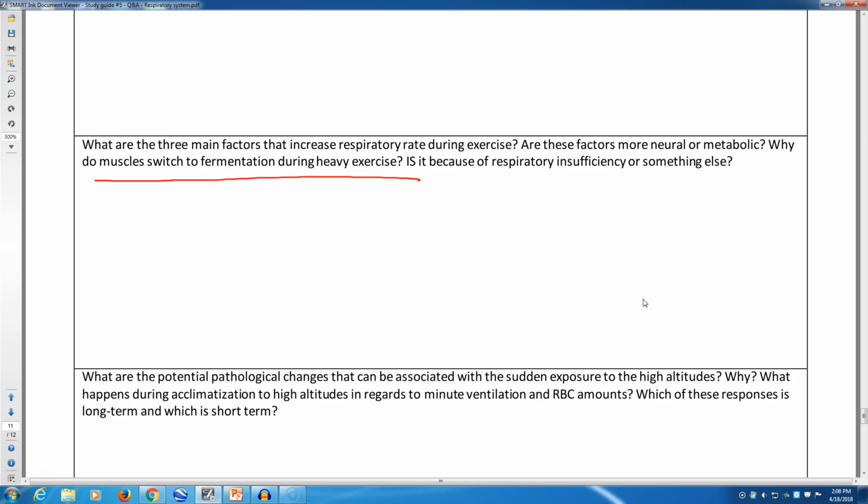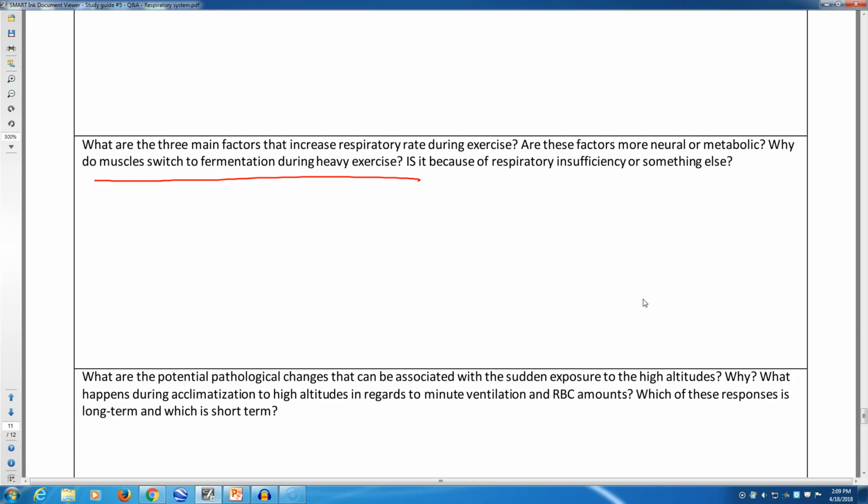Is that a failure of the respiratory system? Which system fails to deliver blood? Cardiovascular. It's either insufficient cardiac output or just squeezing the blood vessels. Okay.